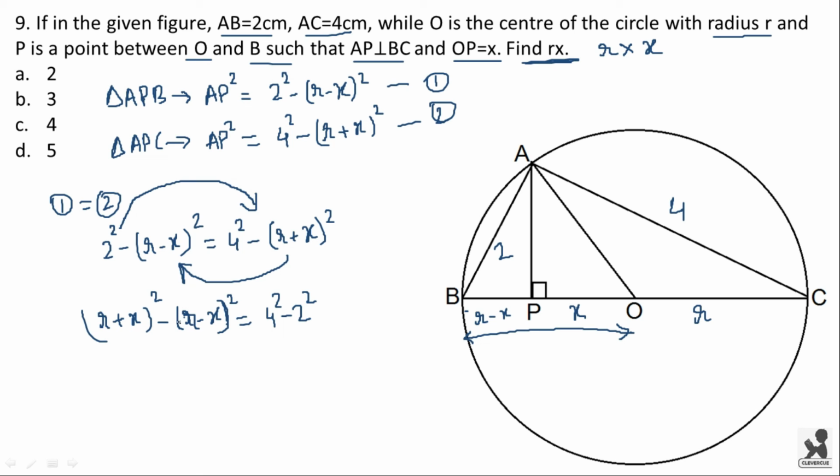Like that we get a plus b as 2R into 2X equal to (4 plus 2) into (4 minus 2), that is 6 into 2. Here we are left with RX is equal to 3. Here 2 and 2 get cancelled and 2 into 3 is 6. So RX is equal to 6. Option B is the right answer.